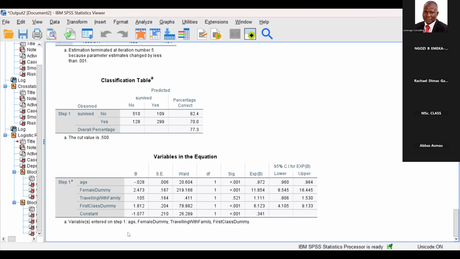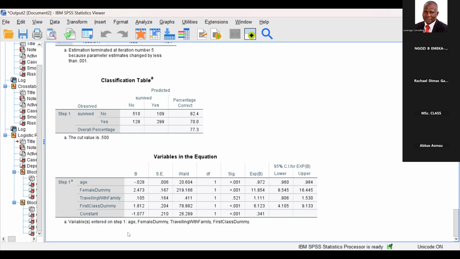As the age increases, you are less likely to survive, because they tried to consider females and young people when they were giving out life jackets. They didn't have enough life jackets or safety boats. The odds ratio, though significant, is less than 1. It means that as the age increases, the likelihood of surviving decreases, and as the age decreases, the likelihood of surviving increases.